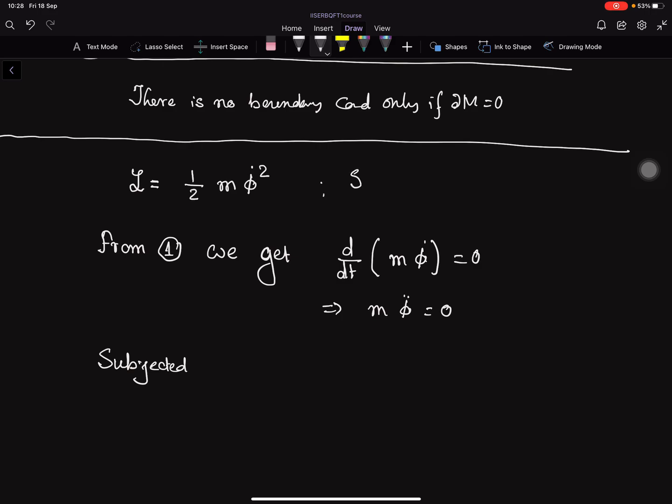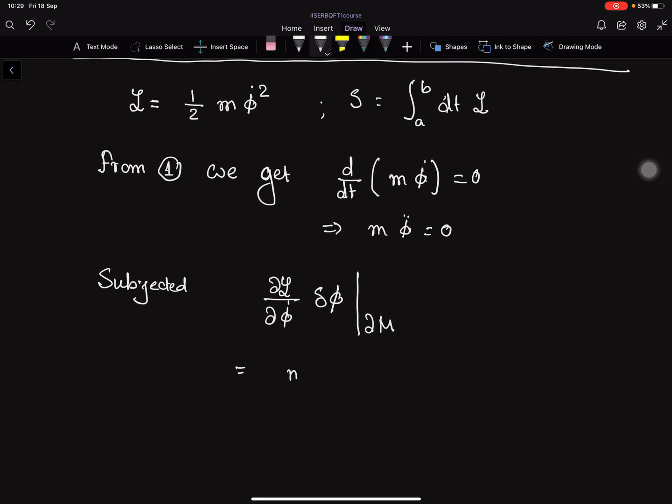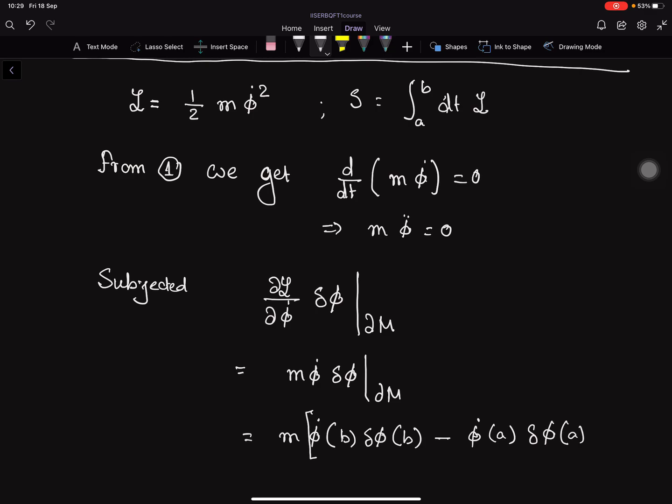the boundary condition. Let's say my action was going from time a to b, integral dt L, subjected to del L del phi dot delta phi, which is the same as m phi dot delta phi at the boundary. That is m phi dot at t equals b times delta phi at t equals b, minus m phi dot at t equals a times delta phi at t equals a.